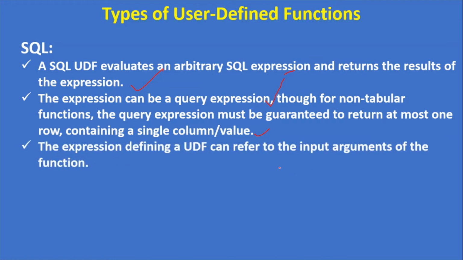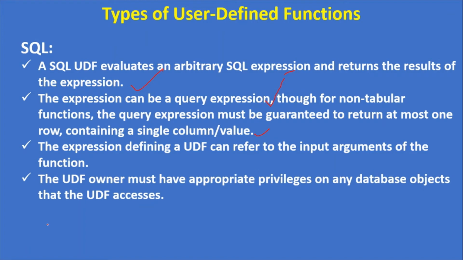The expressions defining a UDF can refer to input arguments of the function. So while defining the UDF, you can pass arguments as input. The UDF owner must have appropriate privileges on any database objects that the UDF accesses.